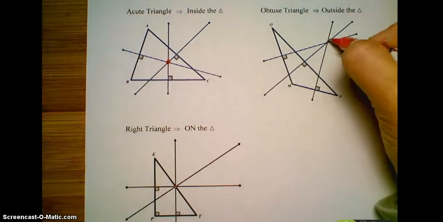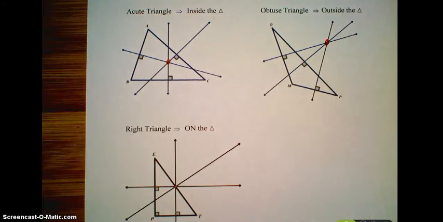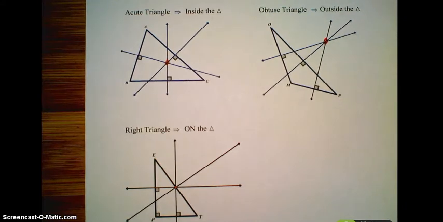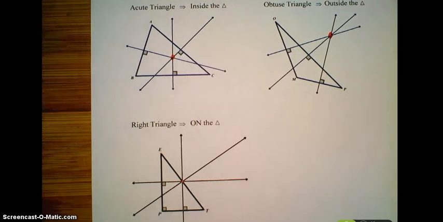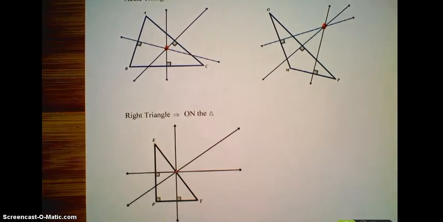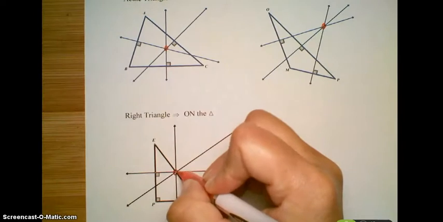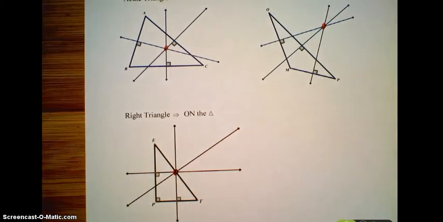For the obtuse triangle, the circumcenter is located outside of the triangle. Again, the circumcenter being where the perpendicular bisectors meet. And then you can see for the right triangle, the circumcenter actually falls on the triangle.